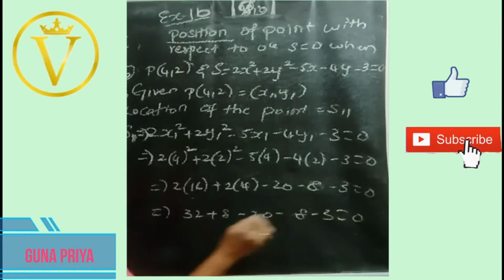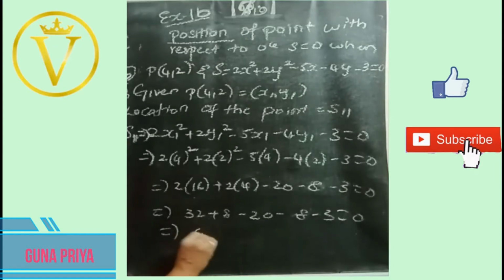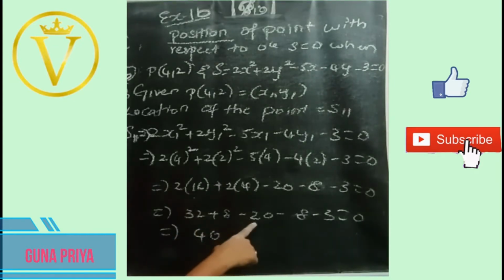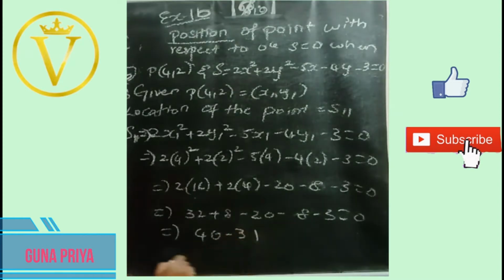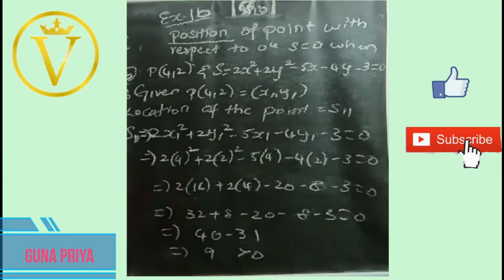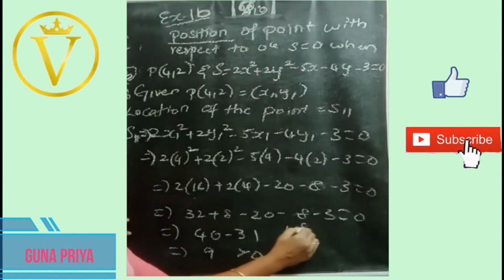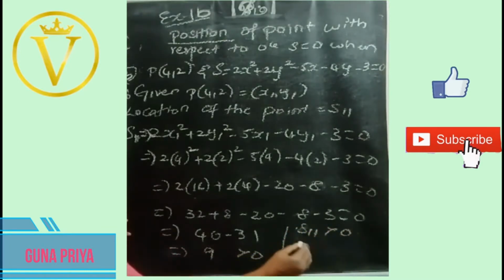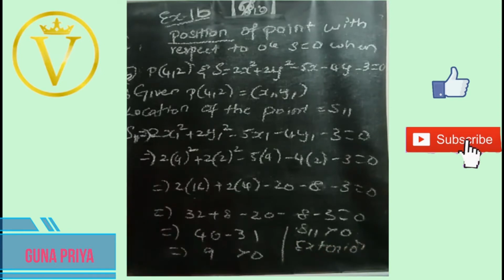And you will get 9. So 9 is greater than 0, so S11 is greater than 0, exterior. Okay, next we will go for the fourth problem.